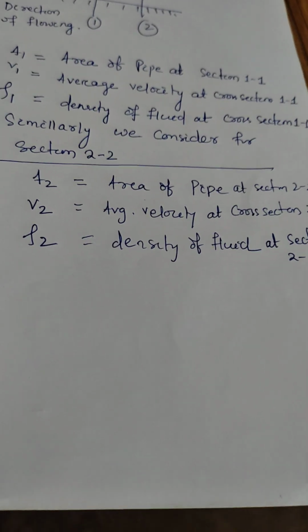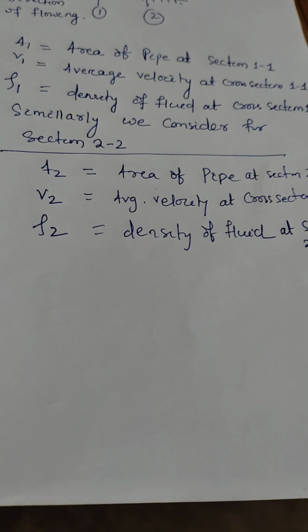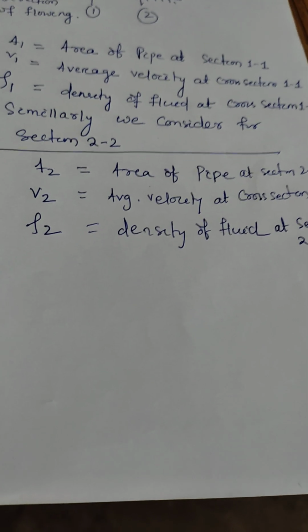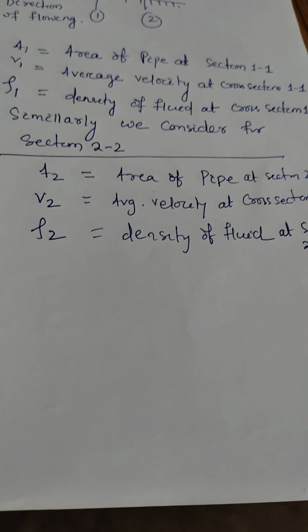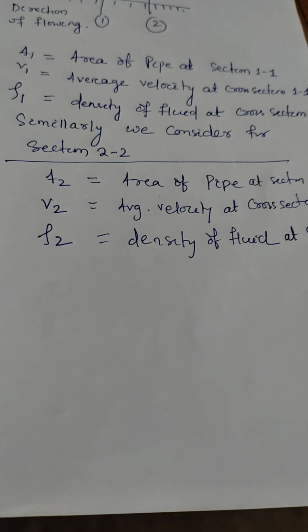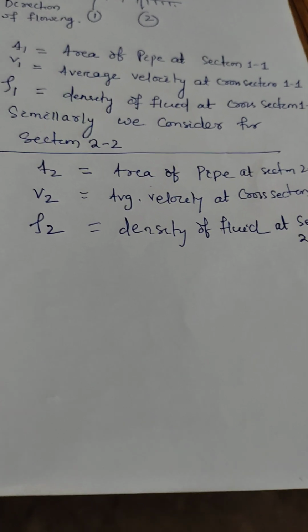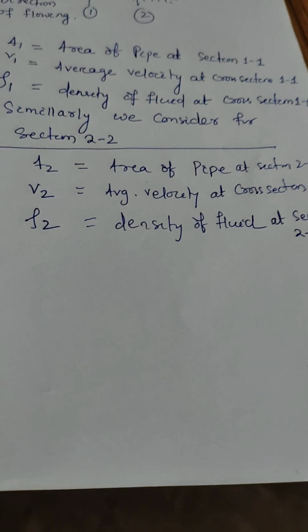So here we consider the following terms: A1, V1, rho 1 at section 1, and A2, V2, rho 2 at section 2.